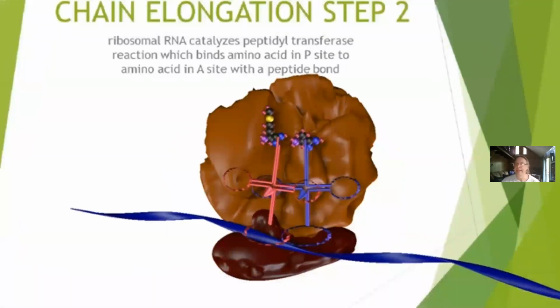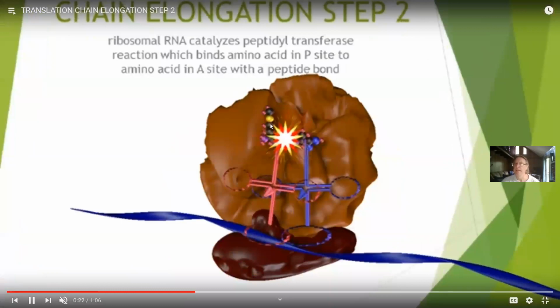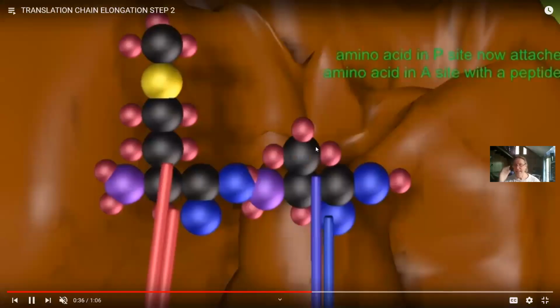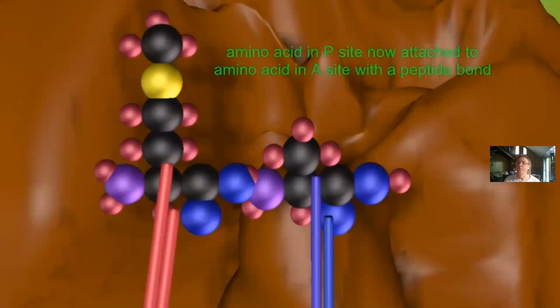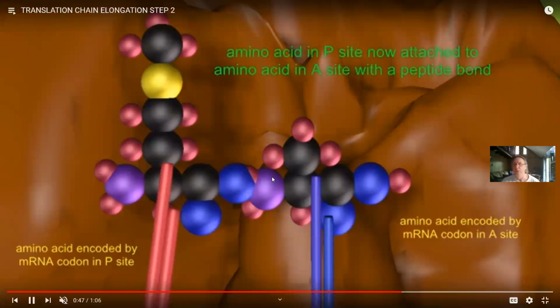So in this ribosome, the amino acid in the P site is now going to be joined by a peptide bond to the amino acid in the A site. And we can refer to this enzymatic activity as what's called peptidyl transferase, if we wanted to give it a name. And we can say peptidyl transferase is the enzyme which then attaches these two so that they are now stuck together.